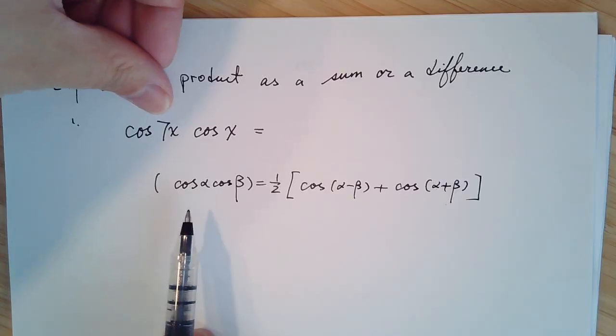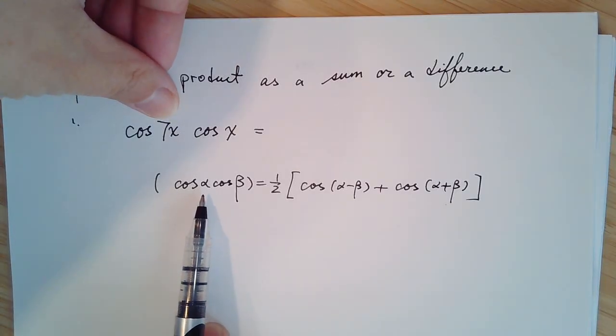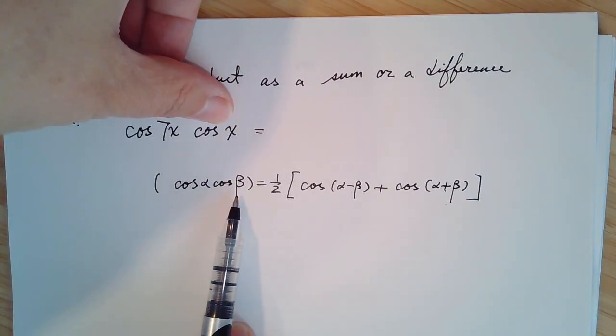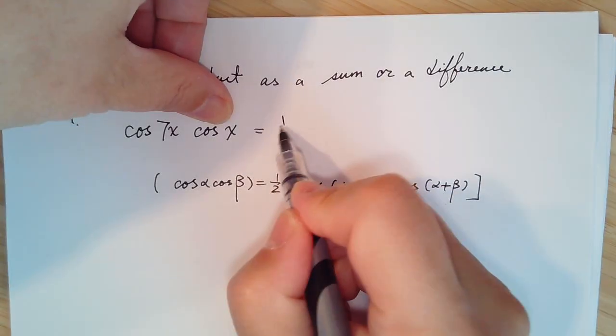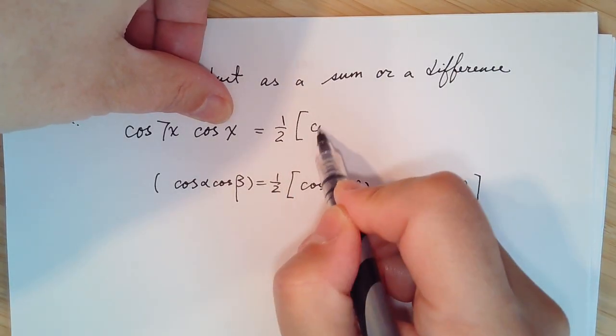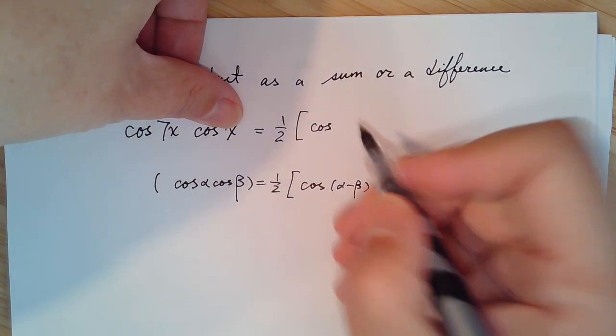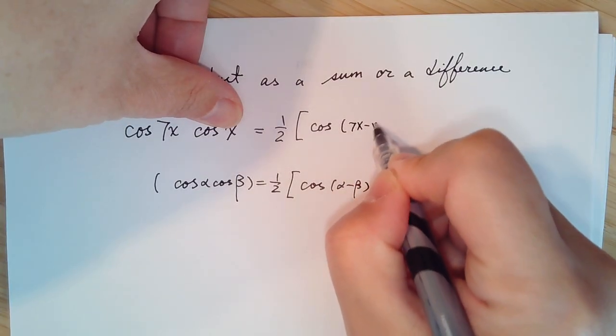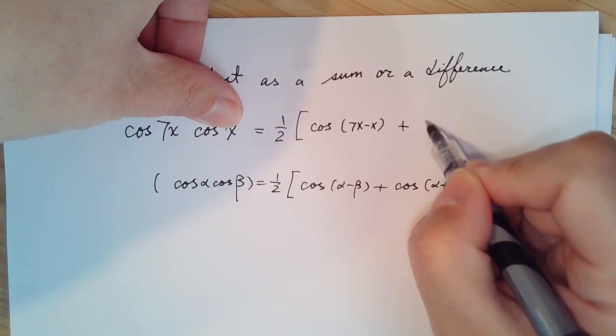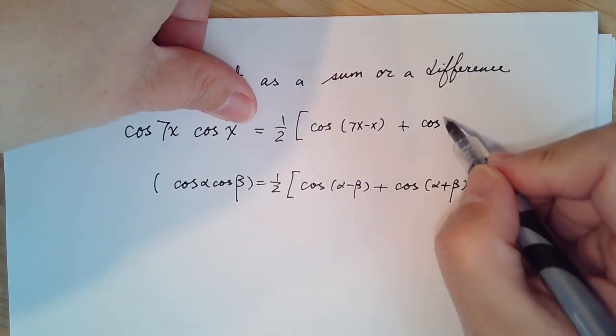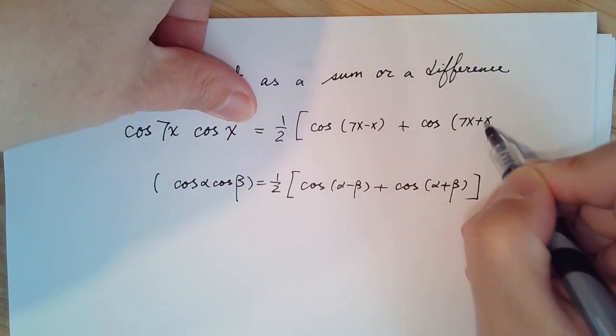Okay, in this case, you can compare. This 7x is your alpha. This x is your beta. So you can have 1/2 cosine alpha minus beta, which is 7x minus x, and then plus cosine alpha plus beta, which is 7x plus x.